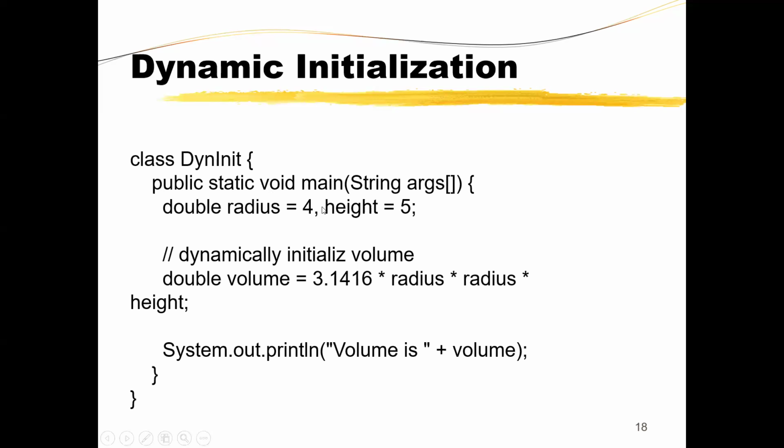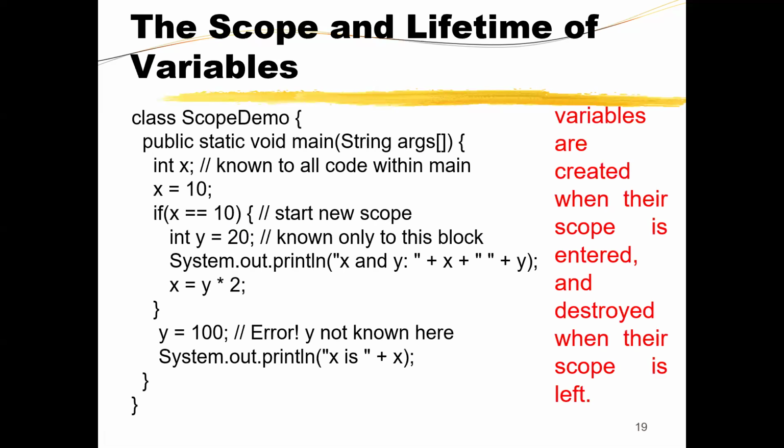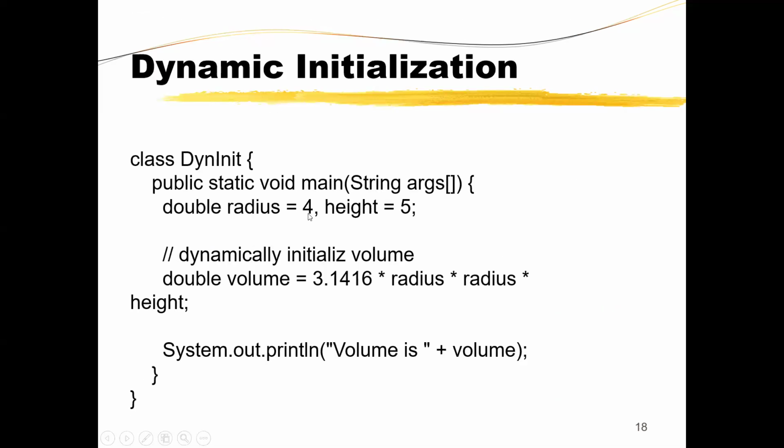Here the radius equals 4, height equals 5. These are fixed values at compile time. For the double variables radius and height, you assign the value then and there. But for the volume variable, the value has not been assigned. When you run the application, only then does the volume variable get assigned 3.1416 multiplied by radius into height.